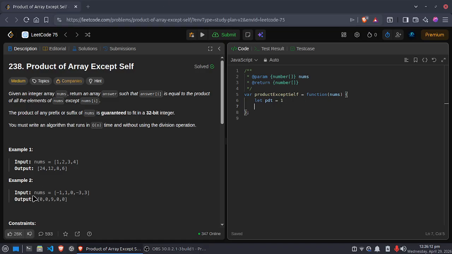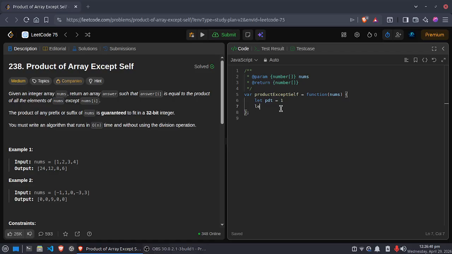Like here, if you see in the nums array I have a 0. For this index the others become 0, because if I multiply 0 with any value, the answer is 0. So that's why we have to handle the 0 cases also.